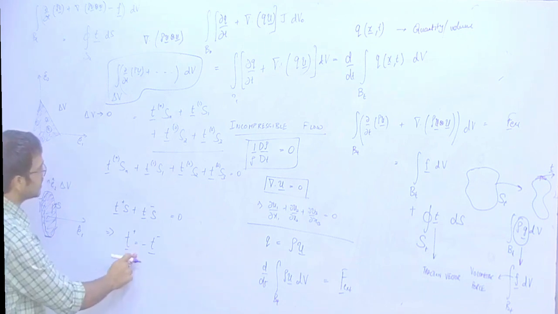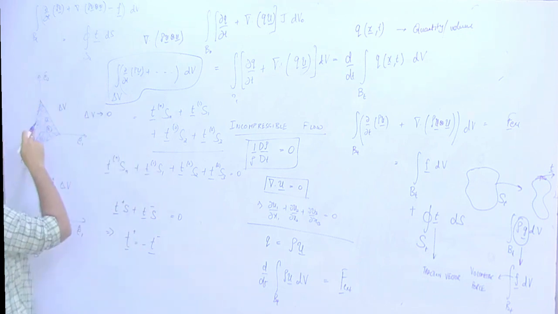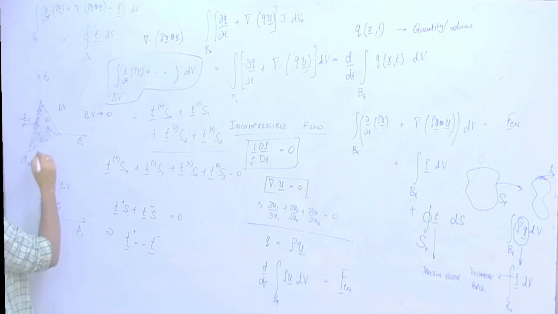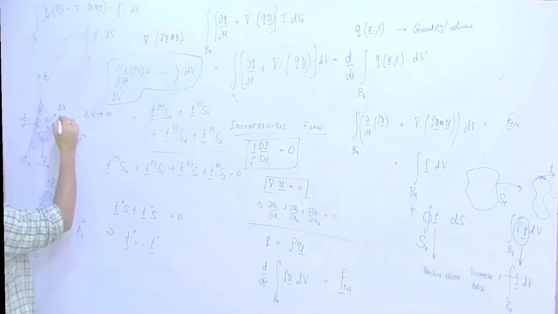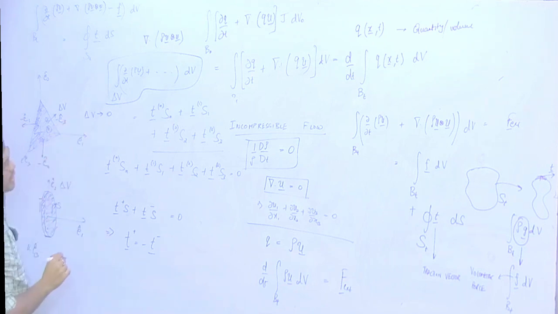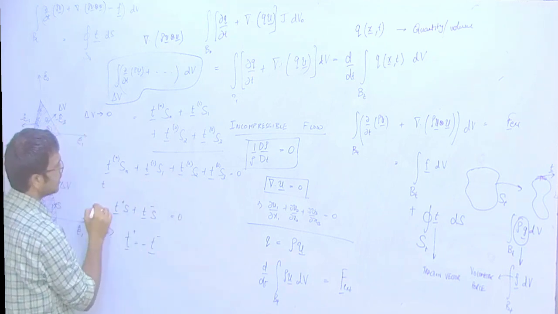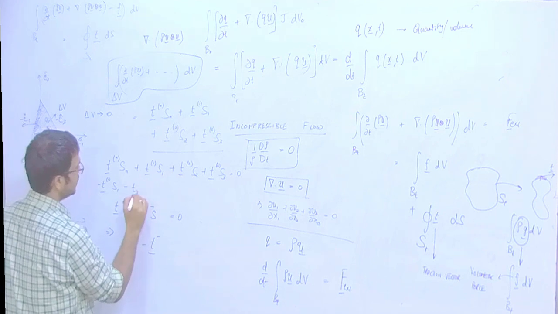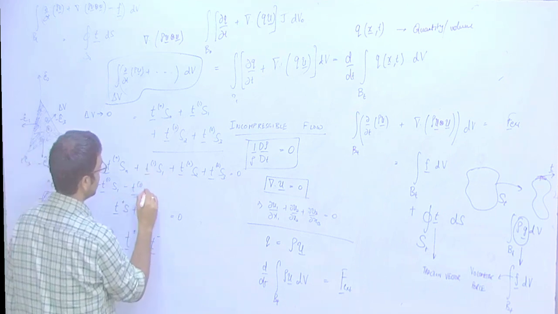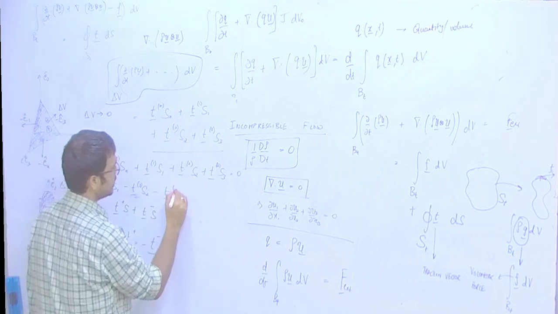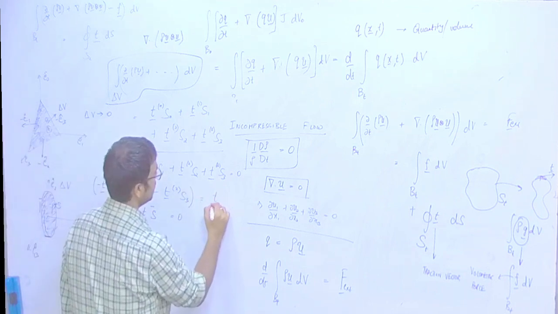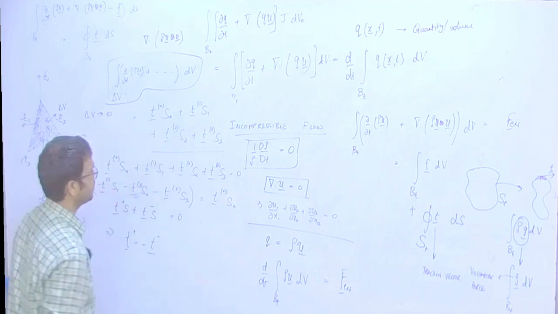So if you look at the tetrahedron, surface 1 has a normal of minus e hat 1, surface 2 has a normal of minus e hat 2 and surface 3 has a normal of minus e hat 3. So this tells me that minus T1 times S1 minus T2 times S2 minus T3 times S3 equals Tn times Sn.